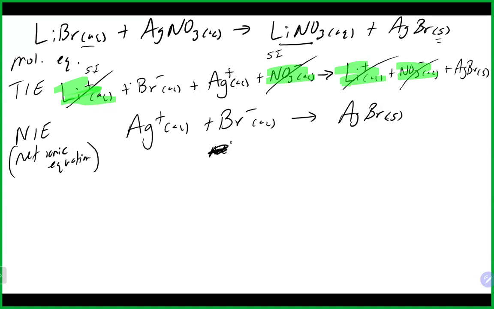Again, as you can see in all of these, anything that's an ion does need a charge. That's a super common error that people make when they write the formulas for the ions. They do not include the charges, so make sure that you do. Any questions on how to use solubility rules, predict products of a double displacement reaction, total ionic equation, net ionic equation? Any questions on any of that?